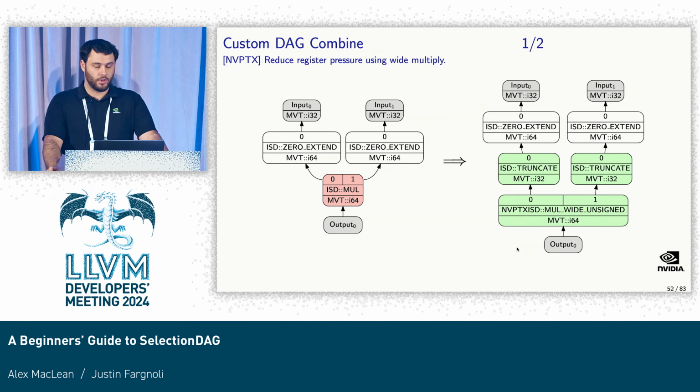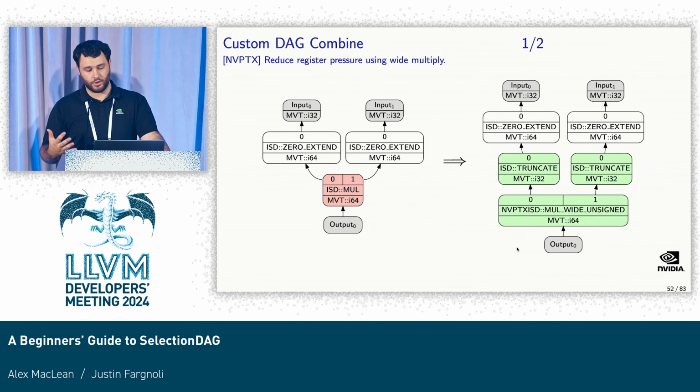Our first example is from NVPTX. On the left-hand side, we have a multiply. This multiply requires 128 bits to store the operands. In PTX, we care a lot about register pressure. So we have the mul-wide instruction. Mul-wide can take in two I32s and produce an I64.